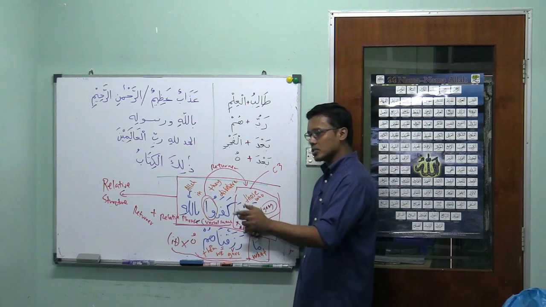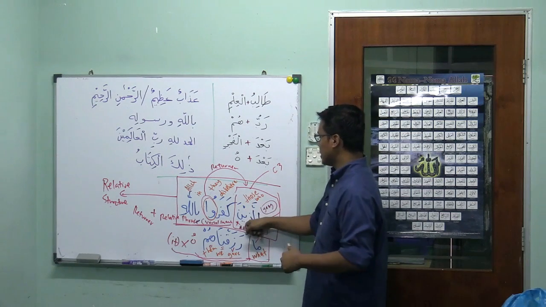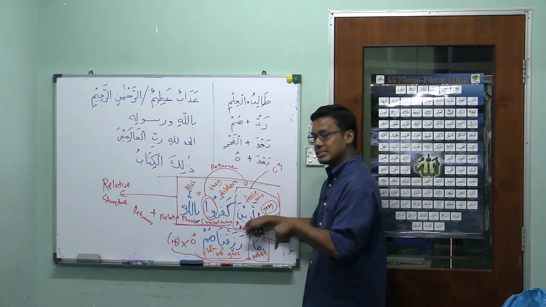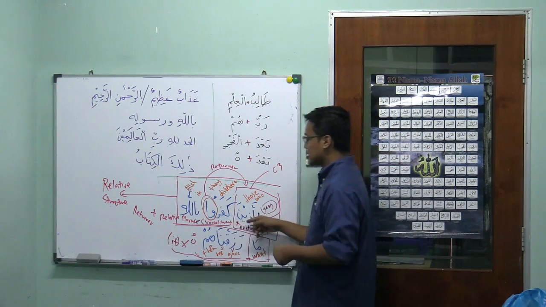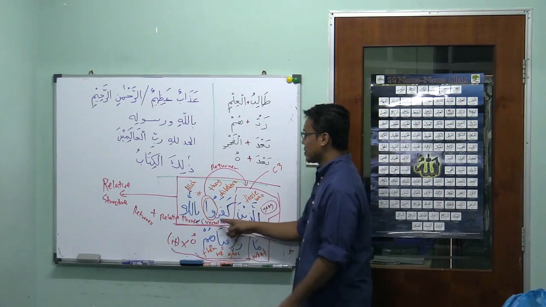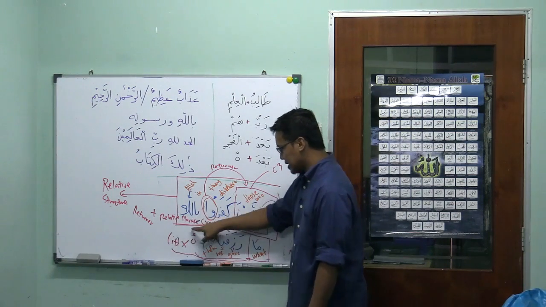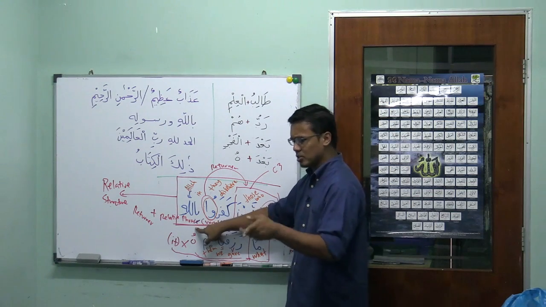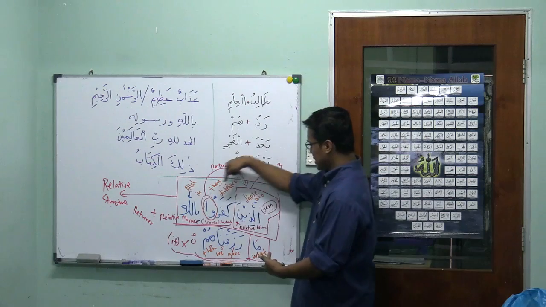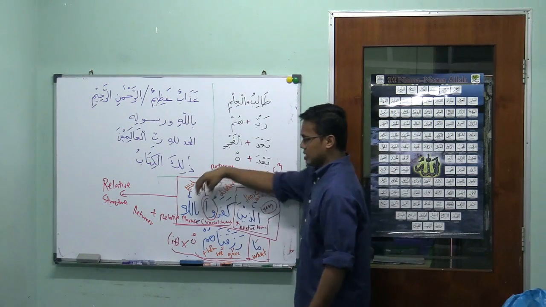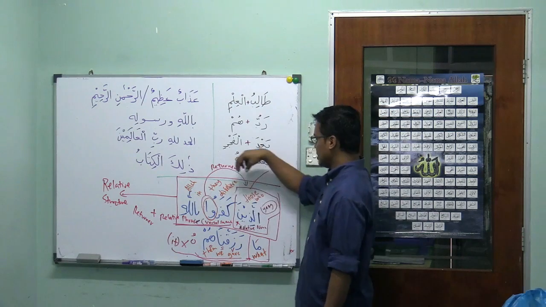Mausul comes from wasala, so the noun that is connected. Kata nama yang disambungkan. Disambungkan dengan apa? It is connected to the sentence after it, which in Arabic is called silatul mausul, the relative phrase. Penyambungan kepada kata penghubung.